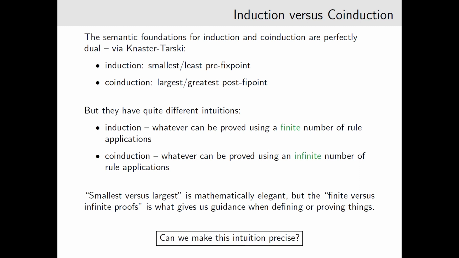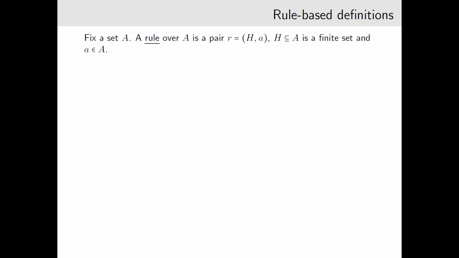So, can we make this intuition precise? I'm going to give the obvious conclusion that anybody who has followed the rest of my talk would draw in terms of what happens with induction versus coinduction. But just to point out that this is a general phenomenon.